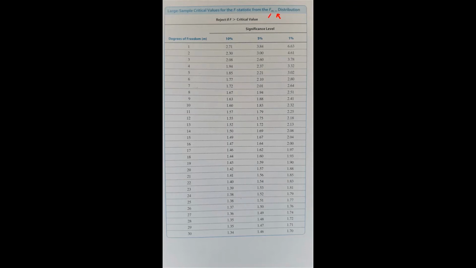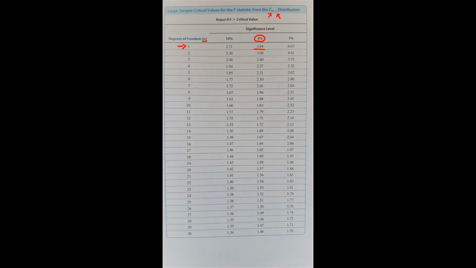So the degrees of freedom of the numerator is 1 because you're testing one coefficient. And if you choose the 5% significance level, then you have a critical value of 3.84, which you compare to your F statistic.